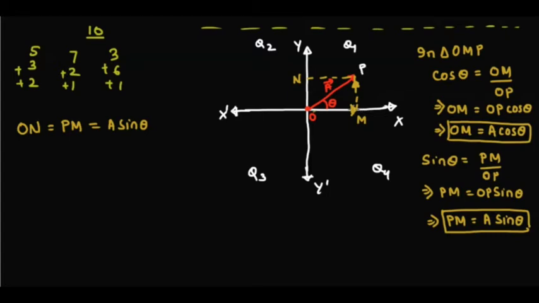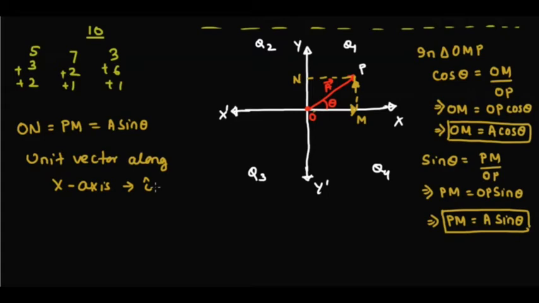So students, remember that we had discussed the unit vector. A unit vector is a vector which has magnitude 1 and it gives us the direction of the vector. The unit vector along the x-axis is written as i cap. So i cap means it is the unit vector along the positive x-axis.